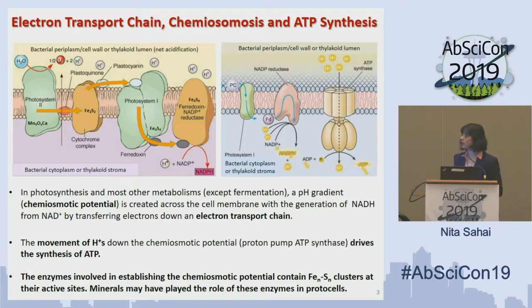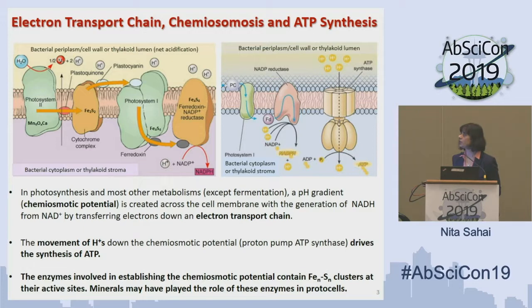So what are we talking about over here? Here's the membrane, the phospholipid membrane shown in the background. This represents the interior of the bacterial cytoplasm, and that's the outside, or the periplasm. In the case of this picture, taken for photosynthetic metabolism, the electron transport chain: you have photosystem 2, where water is broken down to form oxygen and 2 protons.